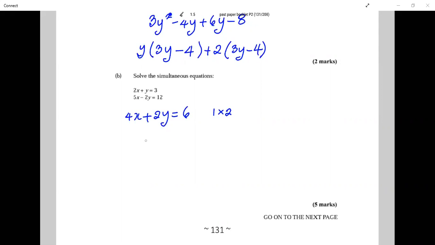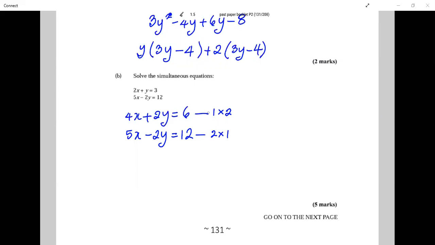Then I'm going to multiply equation 2 by the number in front of y in equation 1, which is 1. When you multiply something by 1, it remains the same. So this is 5x minus 2y is equal to 12. So that is equation 2 multiplied by 1.